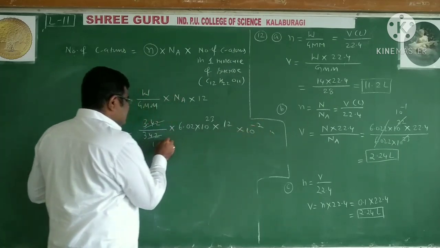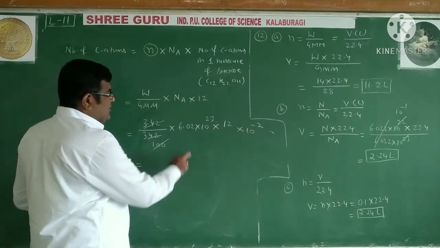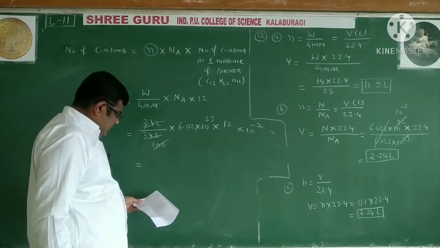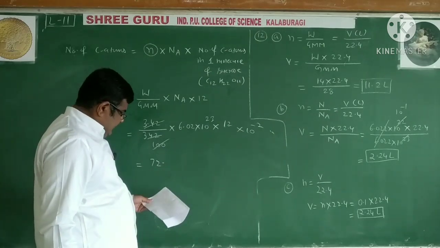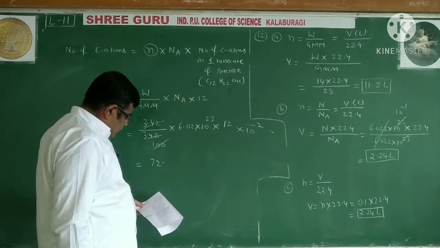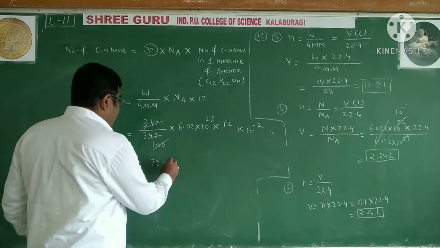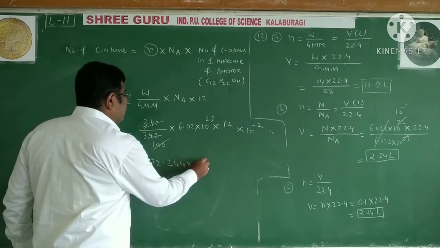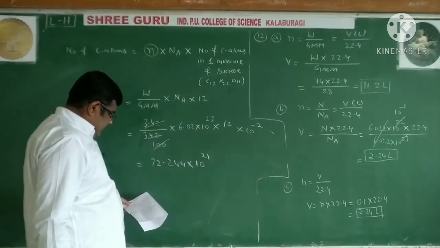We'll make it minus 2. And that's why we have 6.02 multiplied by 12. So we can write this as 72.244 into 10 raised to 21, right, atoms.